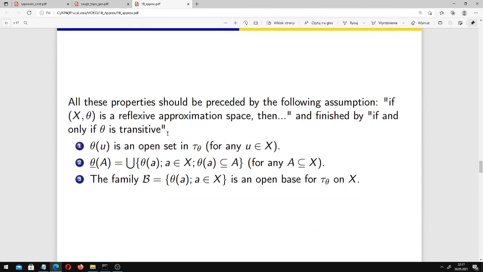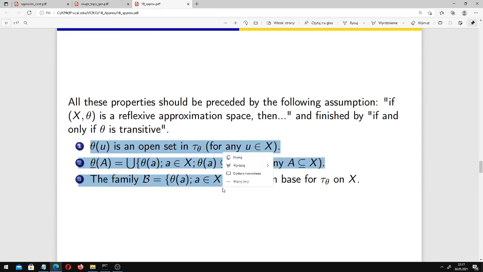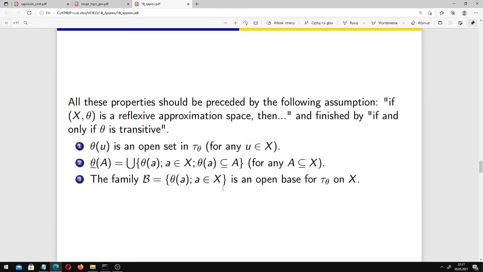All these properties, which are here below, namely 1, 2, 3, should be preceded by the following assumption, the following statement: if X theta is a reflexive approximation space, then this, or this, and finished by if and only if theta is transitive.